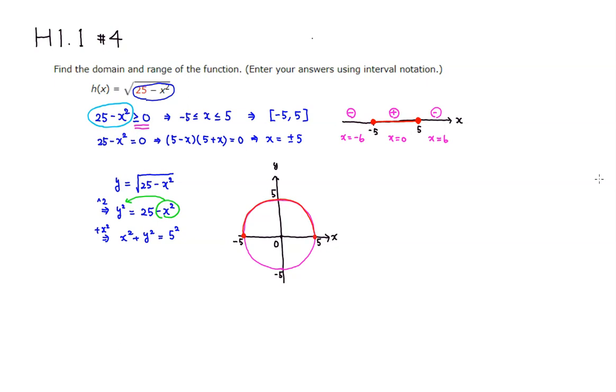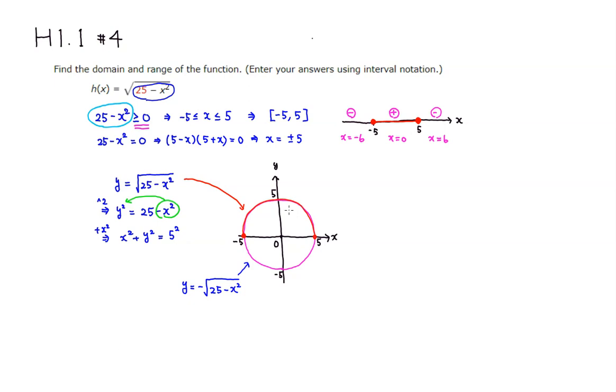So that's this guy right here. The bottom is actually the negative version of the very similar formula, negative square root of 25 minus x squared. Remember that when you square it, the negative side goes away, so we really can't tell the difference. But the original one is only the top half.